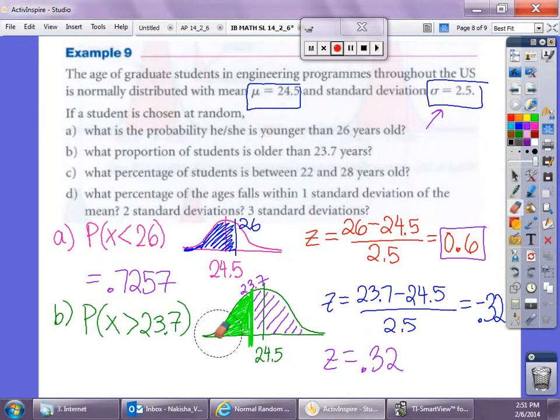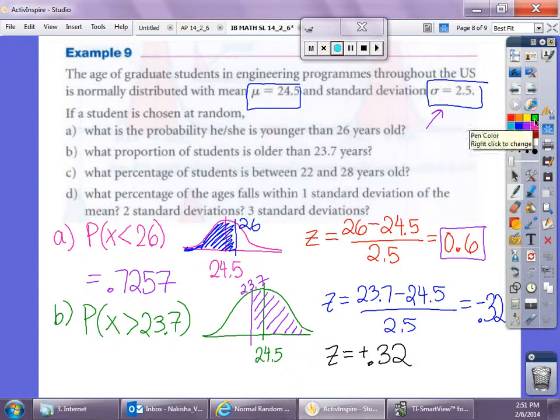So let me undo my shading just to show you what you're going to be looking at. The z-score that I'm going to use is positive 0.32 because the table does not have negative 0.32. I am going to shade what that z-score would give me.